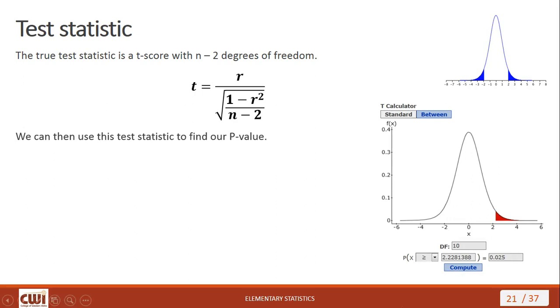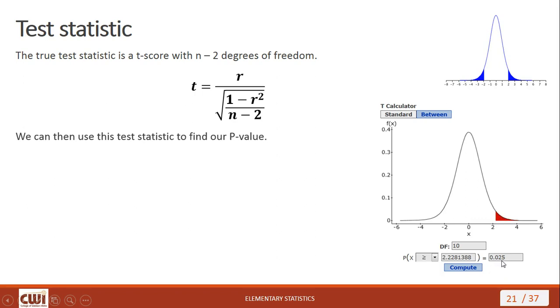So if we have, for example, a sample size of 12, then we have 10 degrees of freedom, and therefore we're going to put in here, notice we're using half of our alpha value. So remember, in a two-tailed test, only half of alpha is in one of the tails, so I put half the alpha in here.